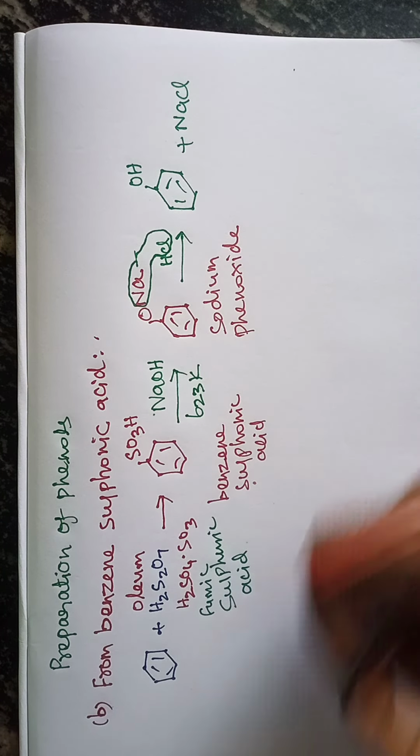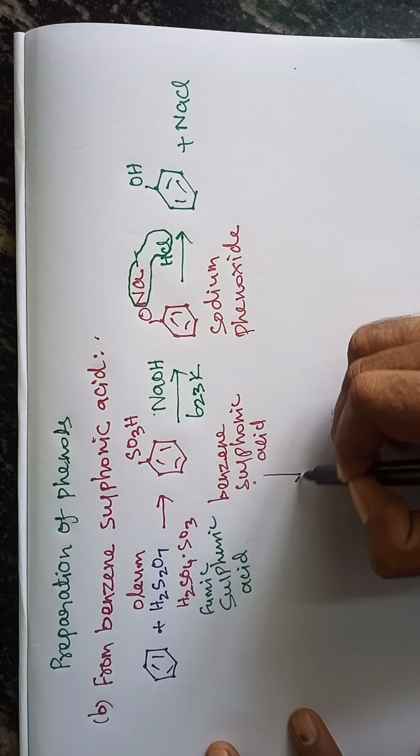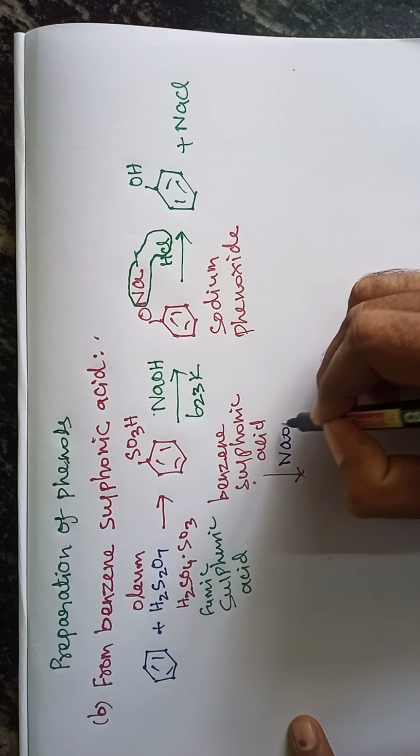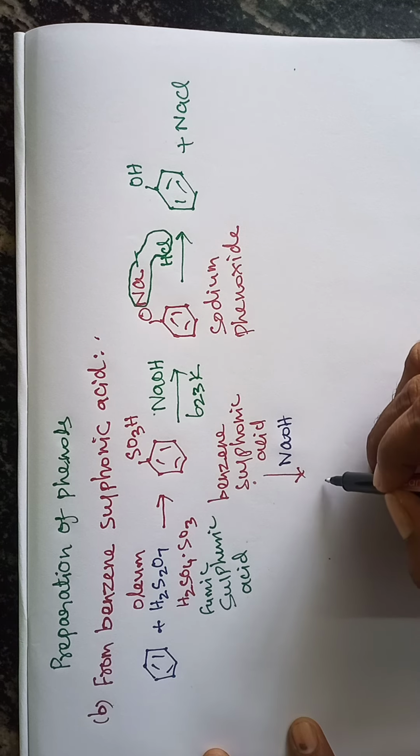Here in this reaction, benzene sulfonic acid first reacts with 1 mole of sodium hydroxide. It gives sodium benzene sulfonate.